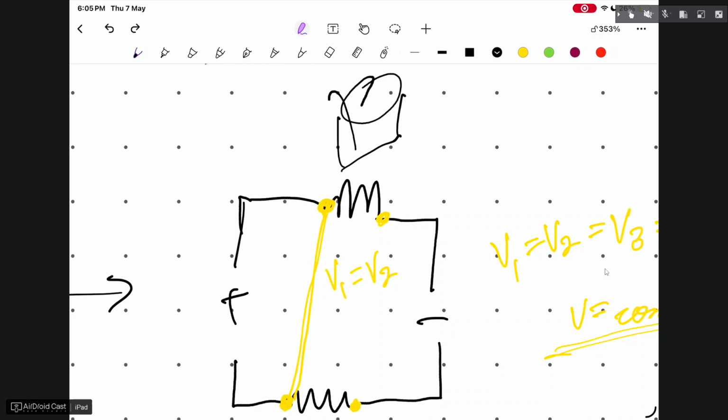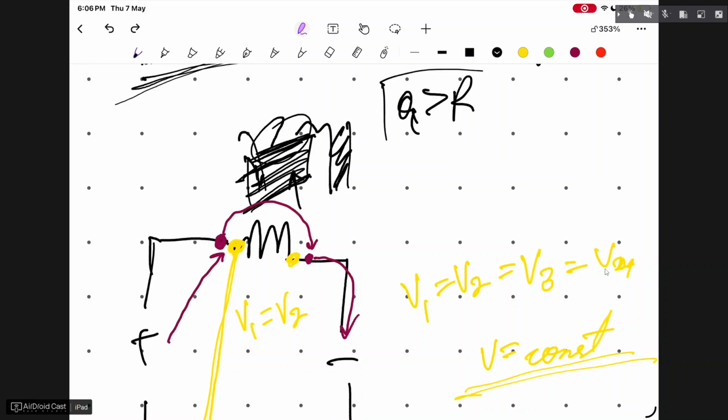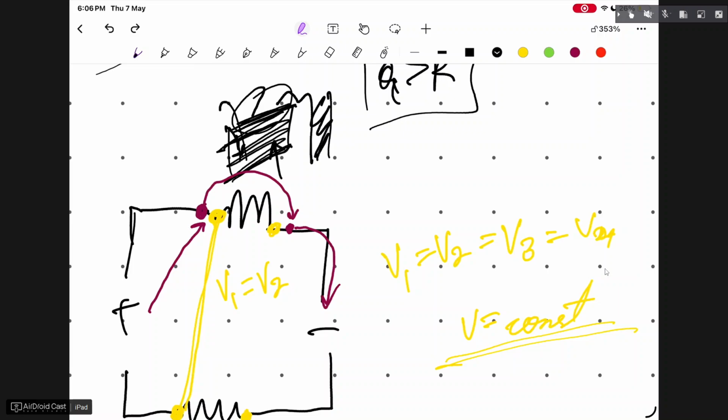You're putting in water, filling it up to the top. Your goal is to overflow it. The water here means charge. The current has to go from here, then here, then here, so it needs to overcome this. That means it needs to overflow. So the value of Q will be greater than R, resistance, so that the charge can flow.